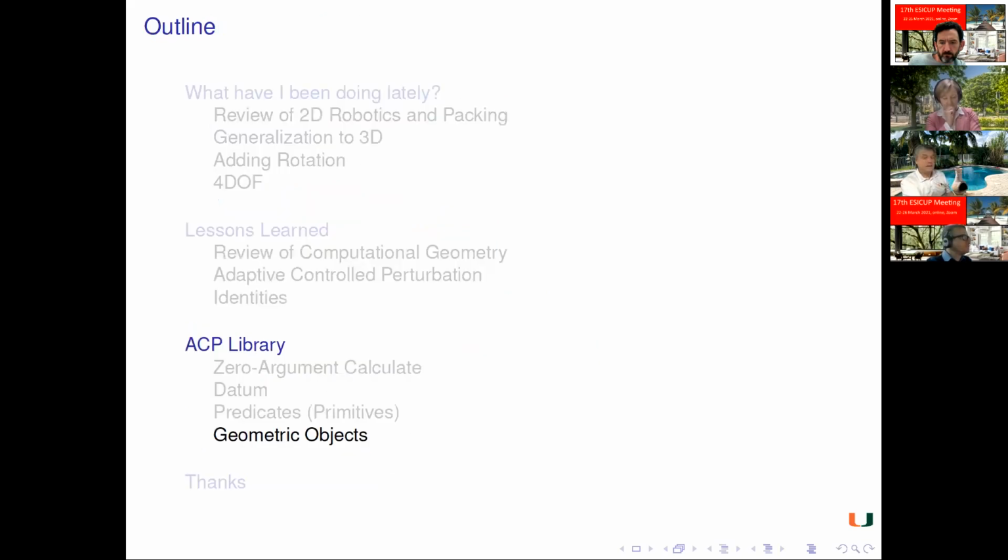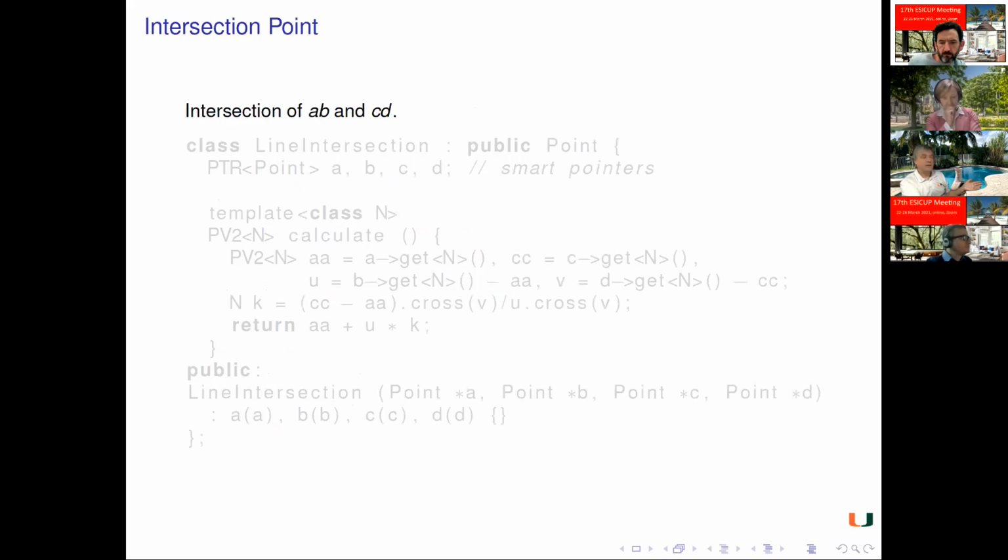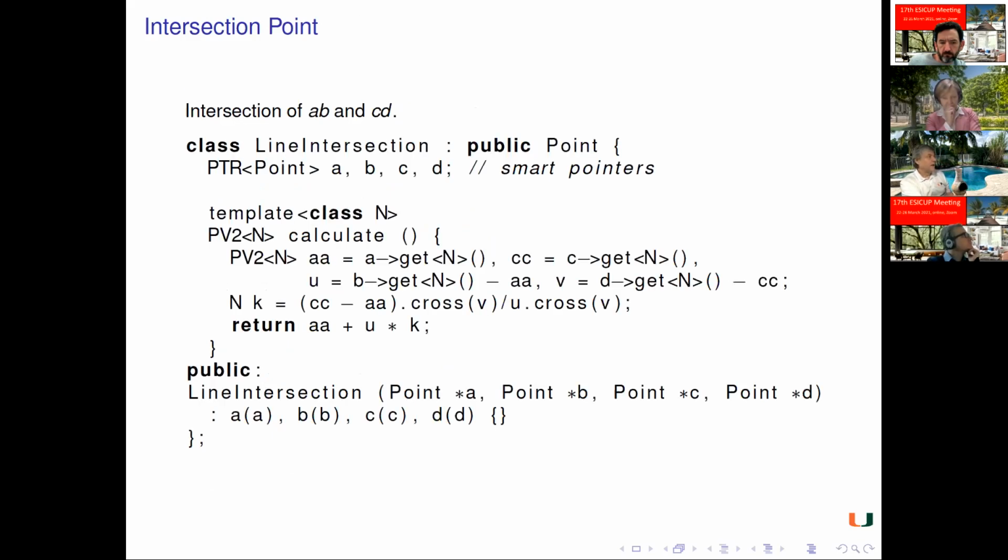And then the other kind of thing we were talking about is creating new geometric objects. So you have this intersection of AB and CD. This is what it would look like. Once again, the calculate method can have no arguments, and it's templated by the number class. And in this case, it's returning a PV2 of n.